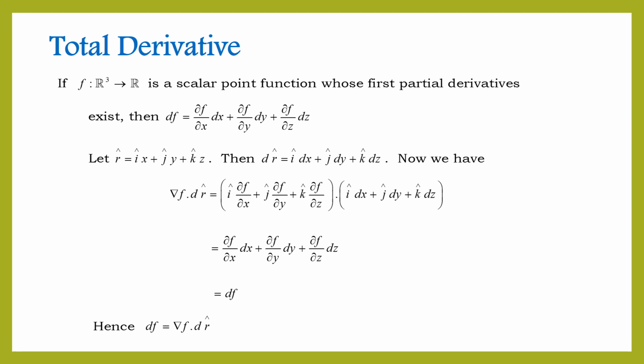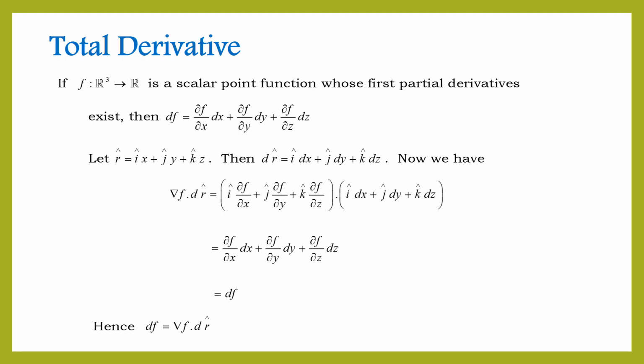This vector is called a position vector. Sometimes it is also called velocity vector. Now, if I find out dr cap, we get i cap dx plus j cap dy plus k cap dz. This denotes the tangent at that point xyz. So, dr cap is a tangent vector at that point xyz.